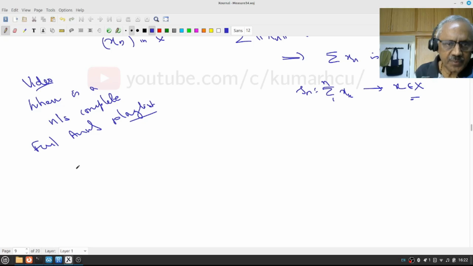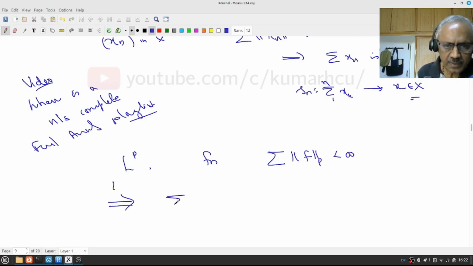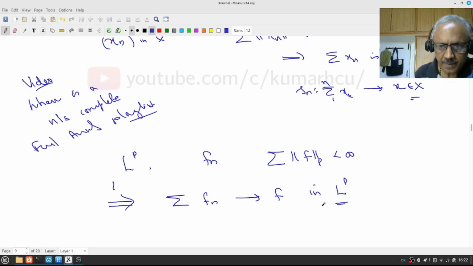So what we want to prove is this. Let us take LP, let Fn be a sequence and assume the LP norm of Fn summed is finite. Then I have to prove that the summation of Fn converges to F in LP. What does that mean?